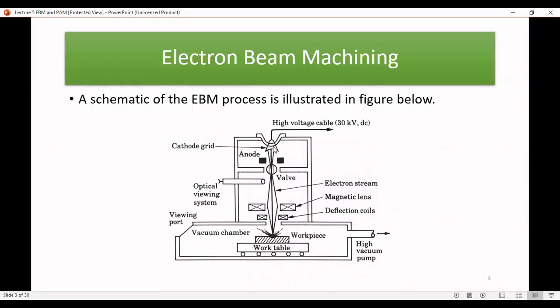This is negatively charged, and there's a positively charged anode. Because of that, electrons get attracted down here, so you accelerate the electrons towards the anode, and after the anode you have a grid, and that grid dictates and focuses the electrons going through it.